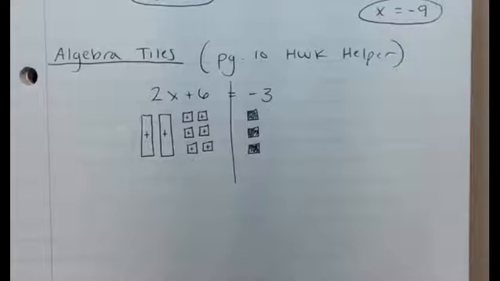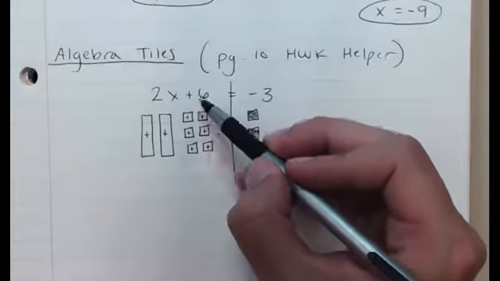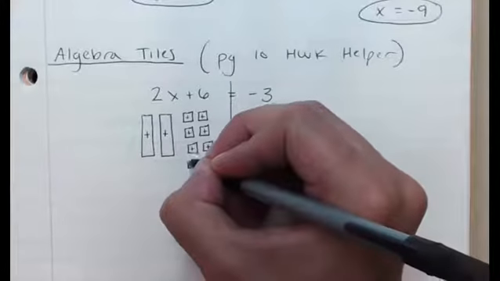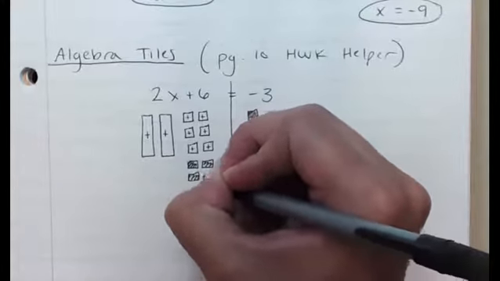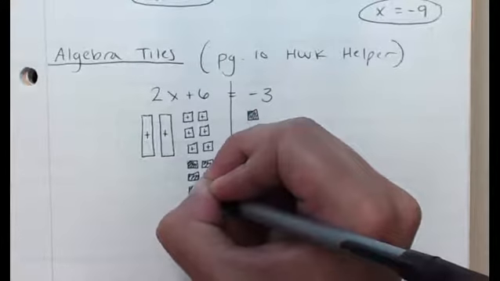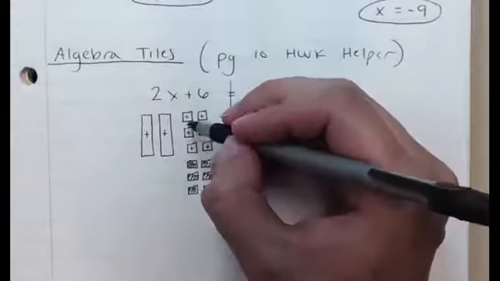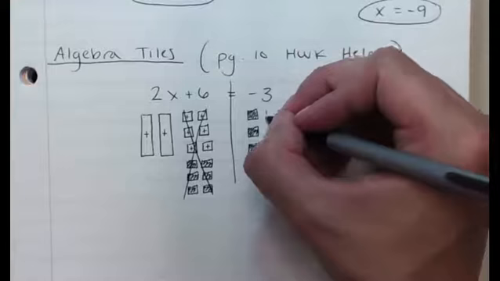Okay, the next step here is I want to get x by itself, so I want to solve for 1x. So let's get rid of the number that's not attached to the variable. So if I have 6 here, I want to get rid of these 6. So 1, 2, 3, 4, 5, and 6. If I take away these 6, those cancel out. But whatever I do to one side, I have to do the other.